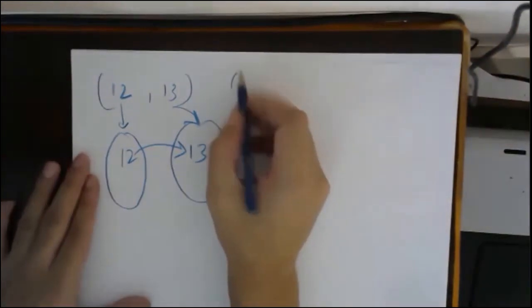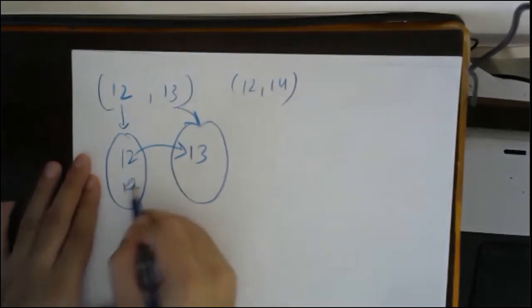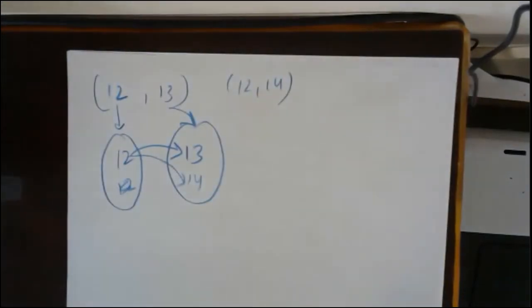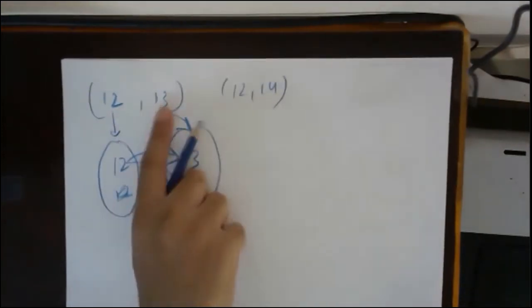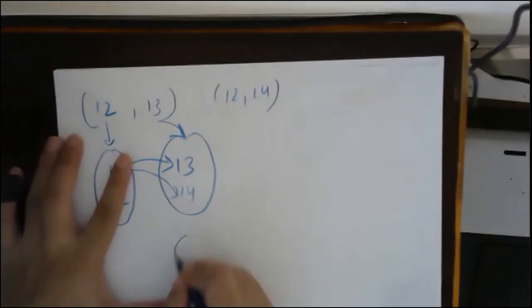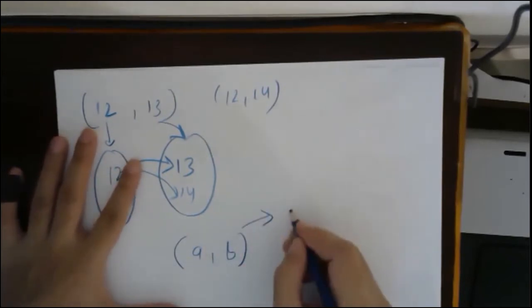If I write from the same 12 comma 14, that means this 12 was also linked with 14 somehow. We do not know exactly how it was related, but it is related. We know that there is a relation between 12 and 13 and 12 and 14. Okay, so this representation a comma b is known as an ordered pair.